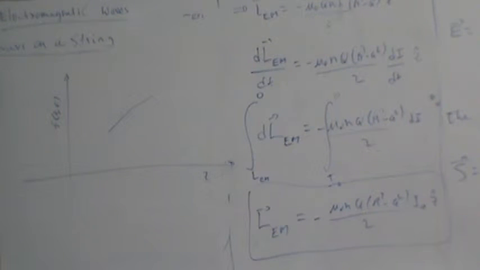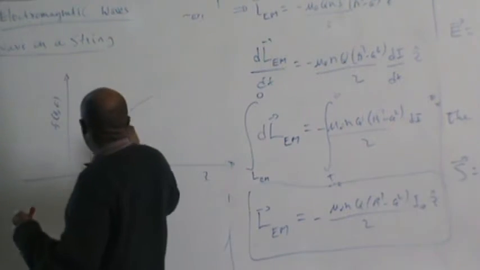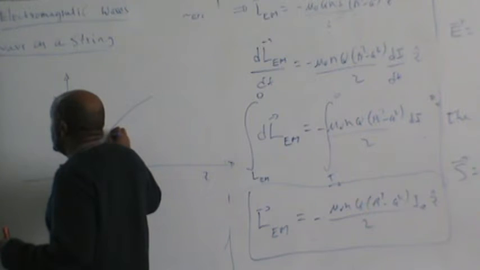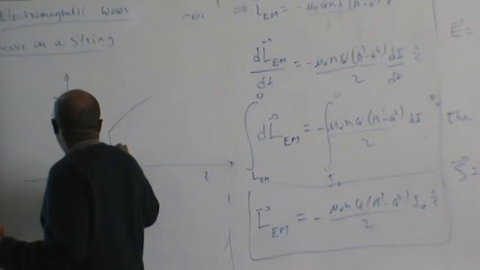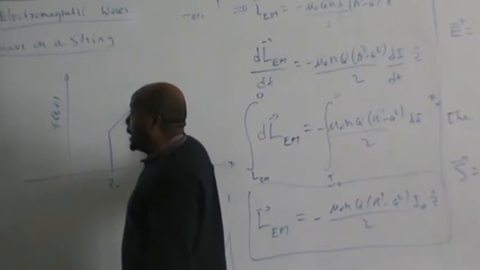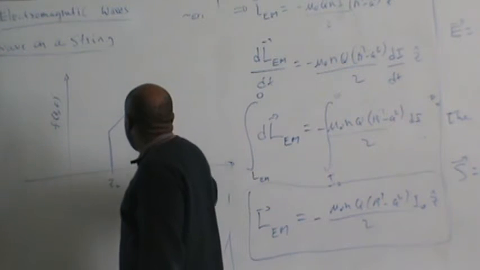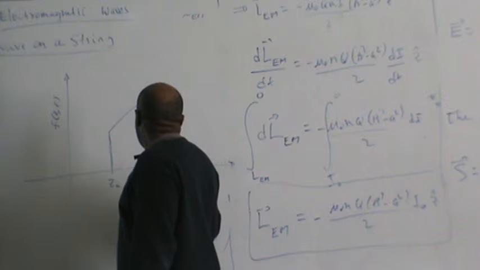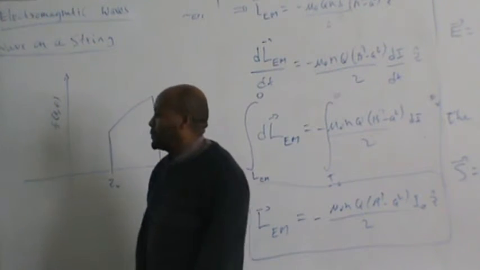So somewhere here and here, 2 points. To avoid confusion, I will call this one z naught, and this one z naught plus delta z.